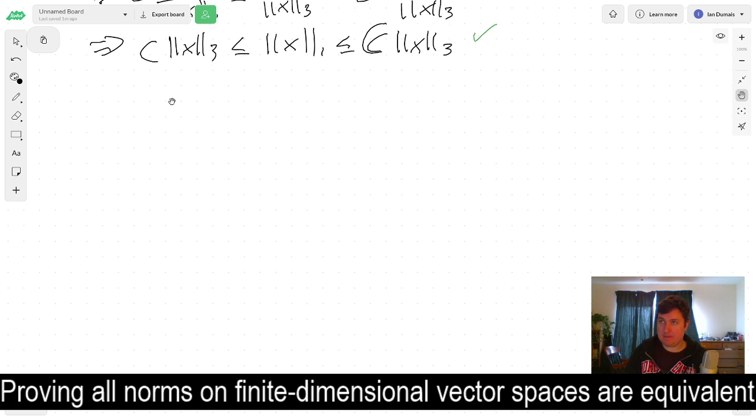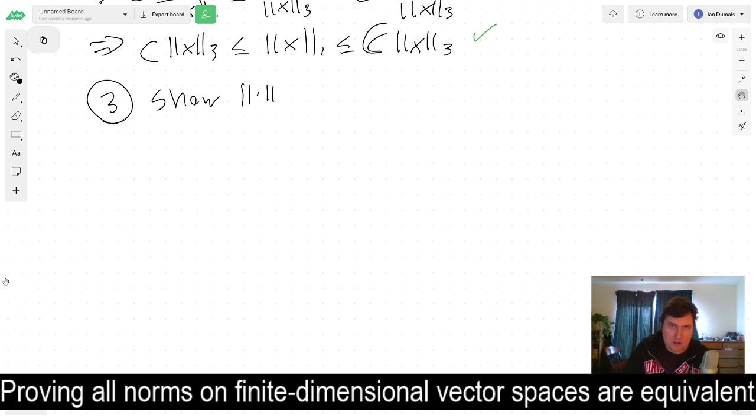Okay, step 3. We want to show, I'll reiterate, I'm going to try to use norm 1s again, but this should work for any norms.